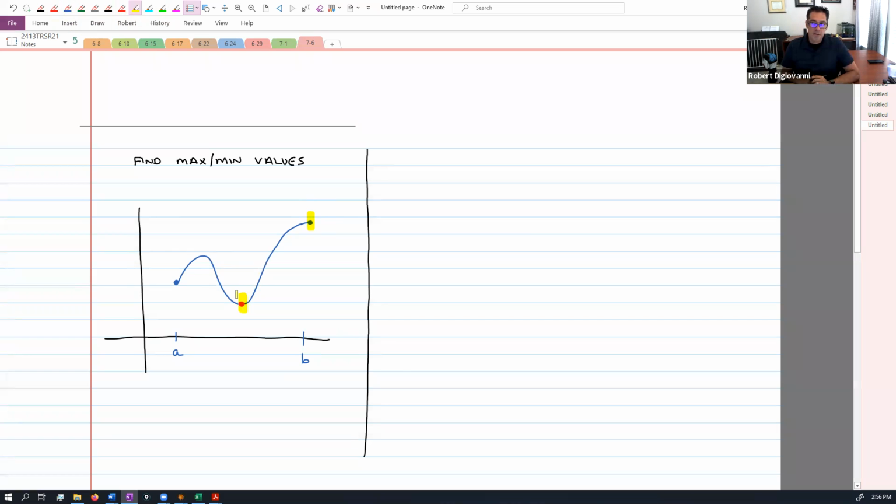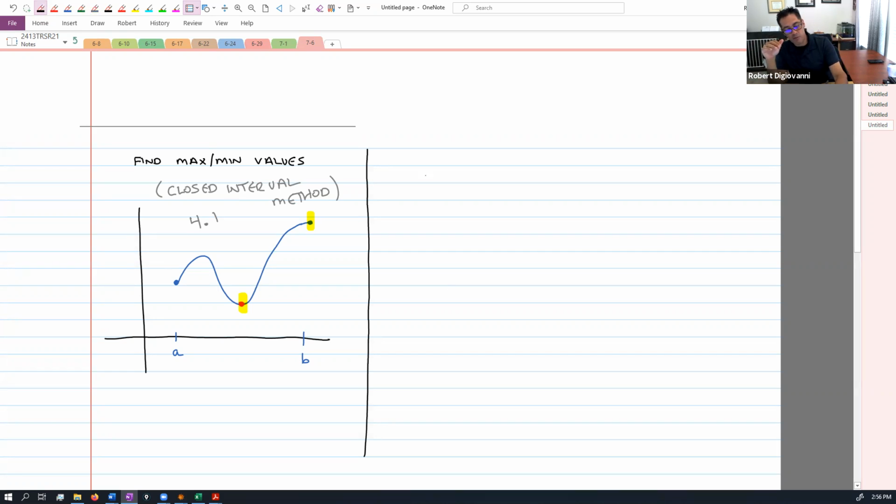That is what's referred to as the closed interval method. That's what 4.1 is about. So we're going to take a function, define it on some interval, and then try and find its highest and lowest points. That's actually going to turn out to be not that hard to do.